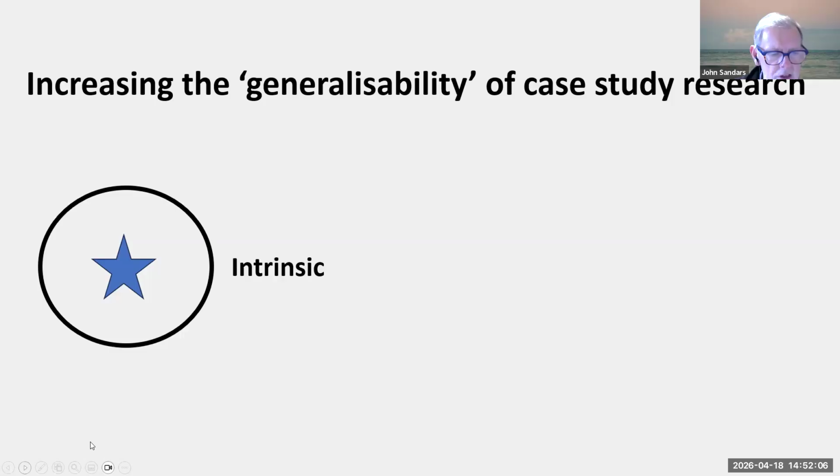So the research is a rich and in-depth understanding of this particular phenomena, bounded by either the person, event, or the organisation. And this is called an intrinsic case study. Now, the big problem with that is all the data you have. You have that rich data of understanding. Can you actually generalize it to other areas?